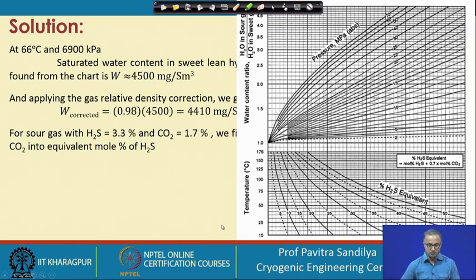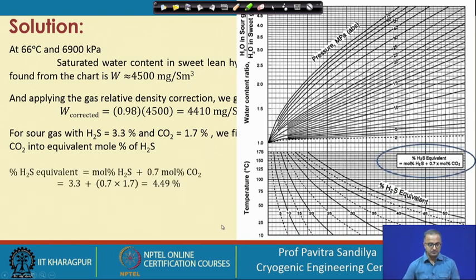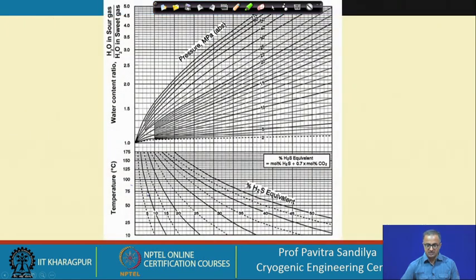First we find the equivalent H2S mole fraction, and this comes to about 4.49%. To use these graphs, we first locate the temperature here, and then we locate the 4.49. These are the various constant percent H2S equivalent lines, so 5, 10, 15 like this.